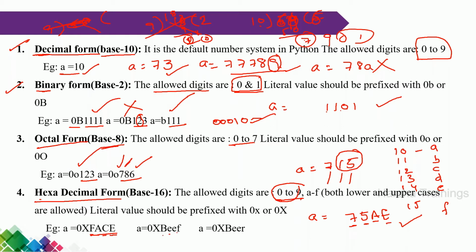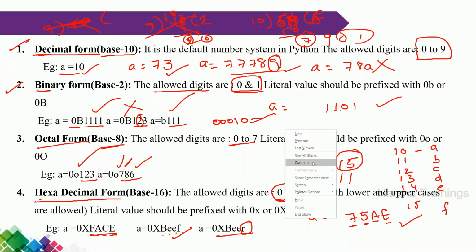Next B, E, E, F, it is fine. But observe the last one, R. It is out of range. So this is not a hexadecimal representation.